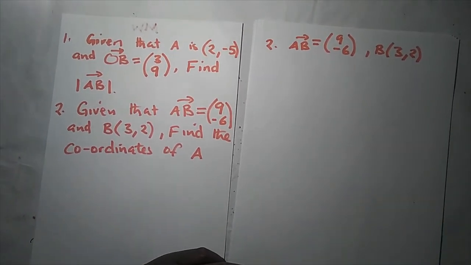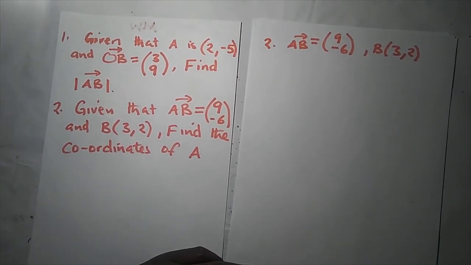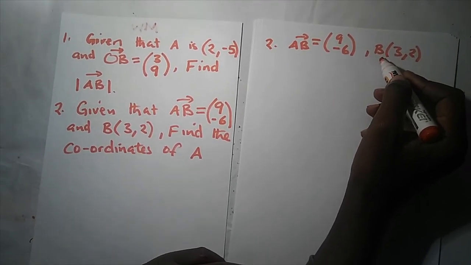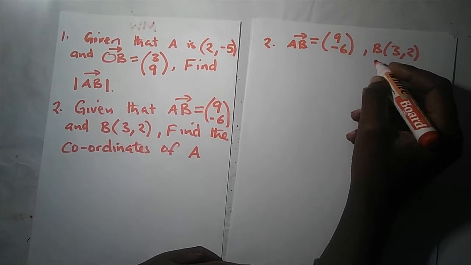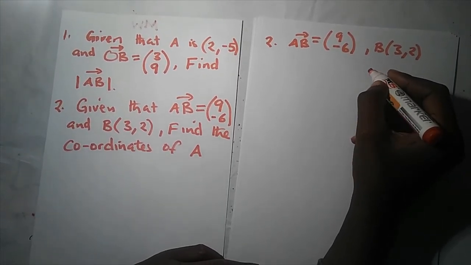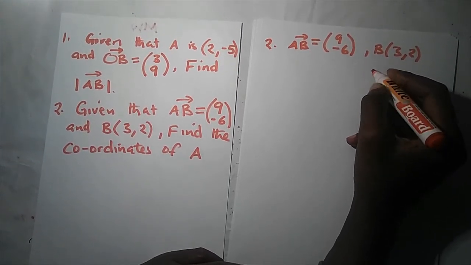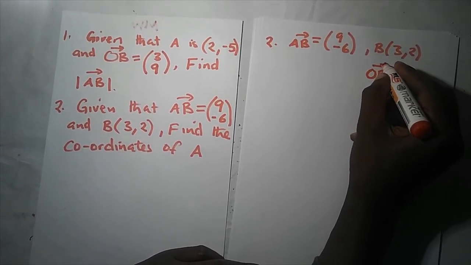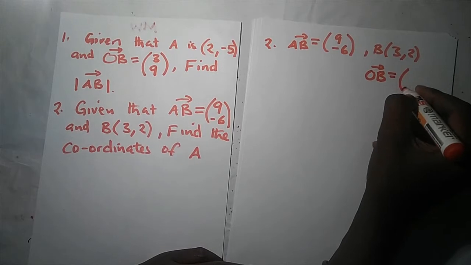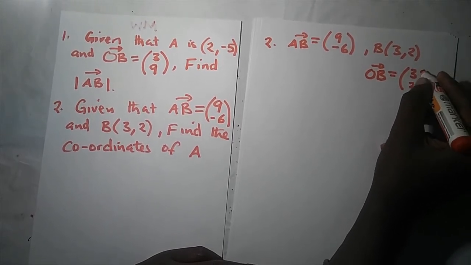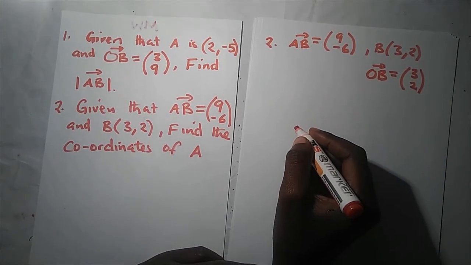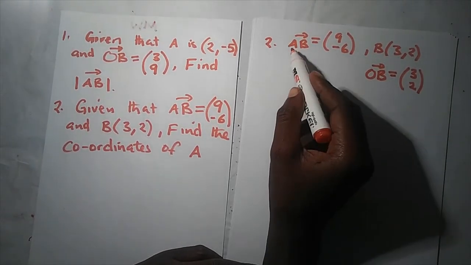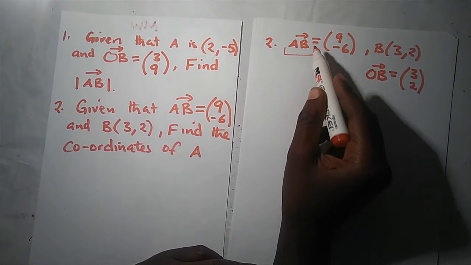So the first thing that we are going to do in this question is to write this B as a position vector. So as a position vector, OB is equal to 3, 2. Okay, so after we have written this B as a position vector, now we are going to write the vector equation for AB.